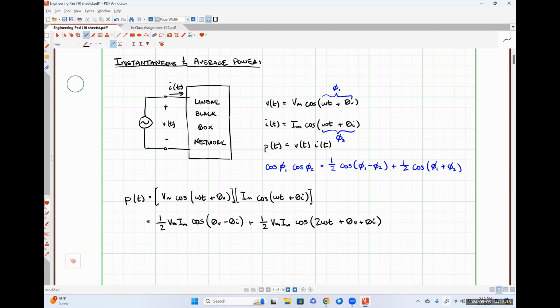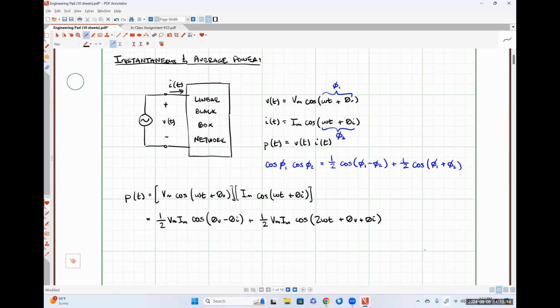Well, I think it does, right? So if we look at this first part, I think there's something interesting about this in as much as since Vm is a constant, Im is a constant, theta v is a constant, and theta I is a constant, this first part right here represents some constant value or a DC term, right?